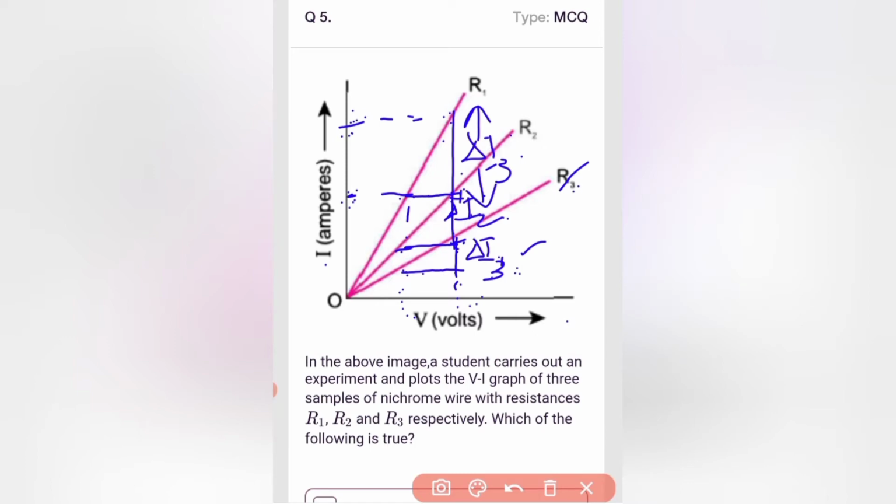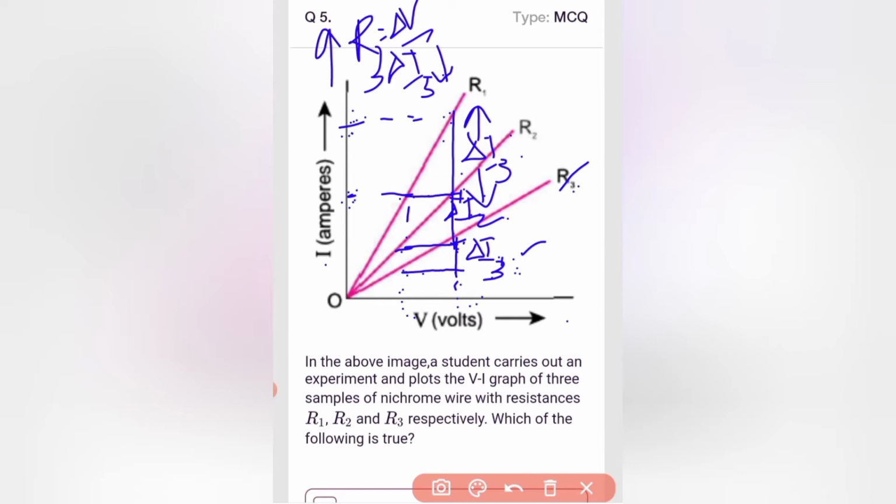I3. So we know resistance is equal to V by I. So here, if the current is decreasing, resistance will increase. So which current is less? When we take delta V by delta I, which current difference is less? Delta I3 is less. So that means R3 is going to be more.